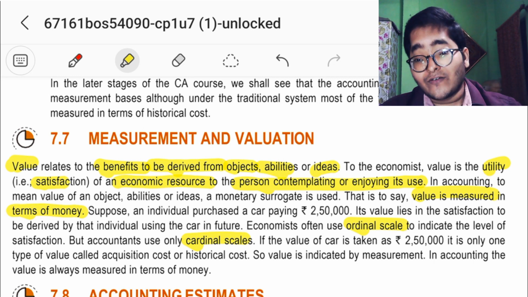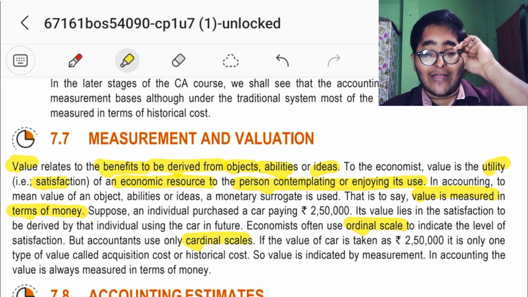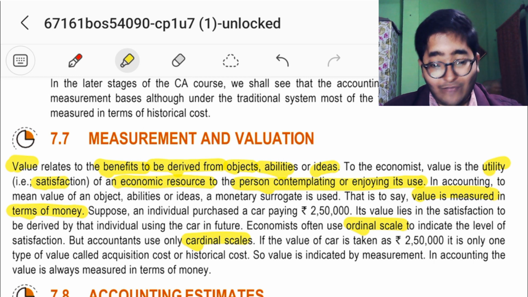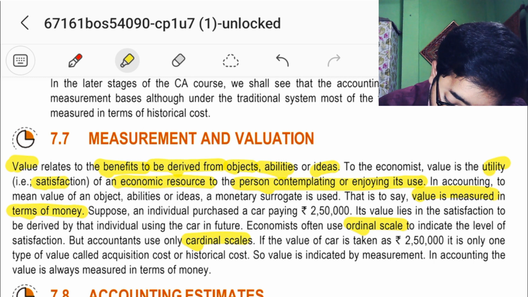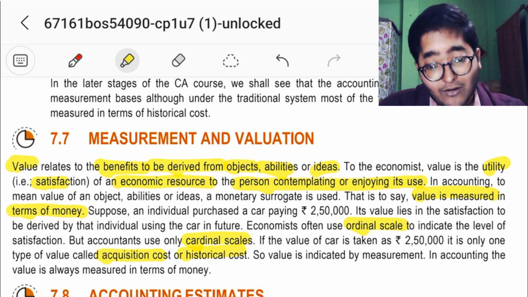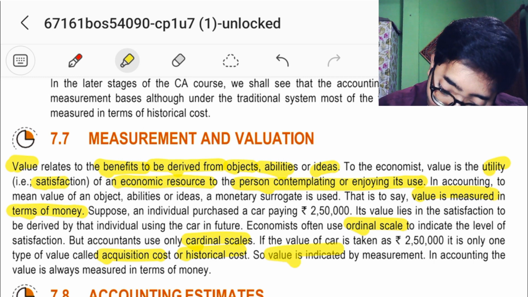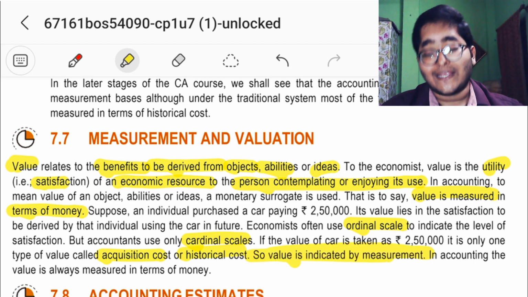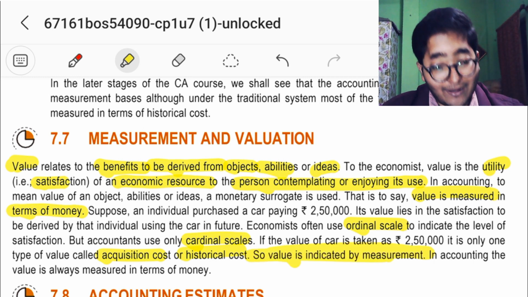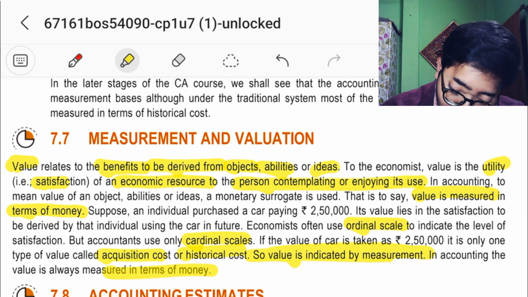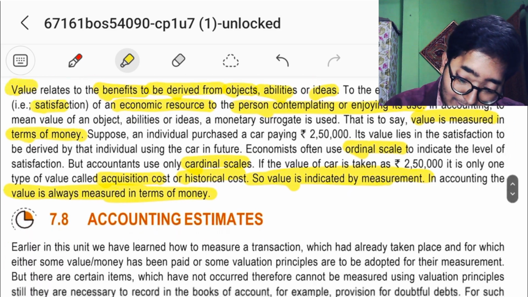If the value of the car is taken as rupees 2,50,000, it is only one type of value called the acquisition cost or the historical cost. So, value is always indicated by measurement. In accounting, the value is always measured in terms of money.